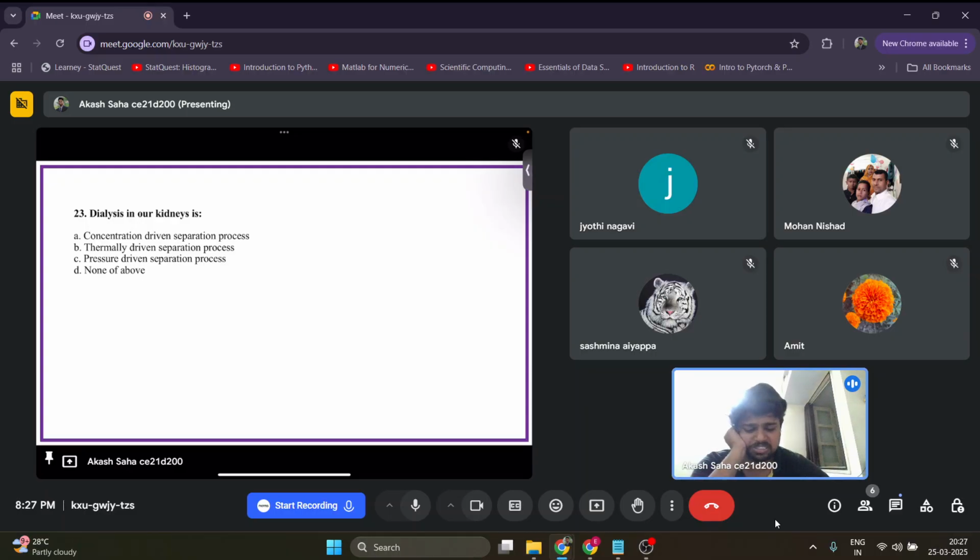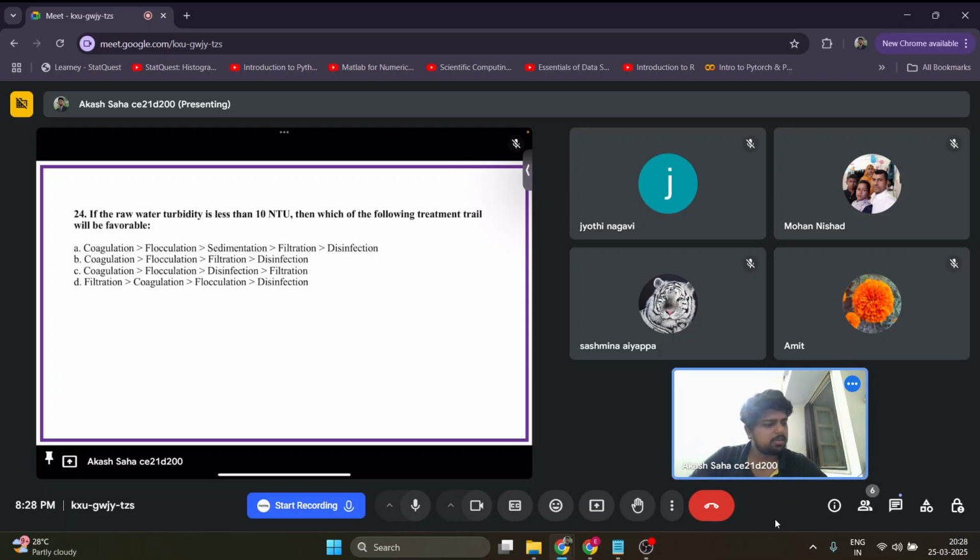Anyone knows about dialysis? Have you heard about this? So it is definitely concentration driven. So I think nothing much to discuss about it. Yeah, right, Amit. It is just to make the blood clean. So based on the concentration, the separation happens. So it's concentration driven.